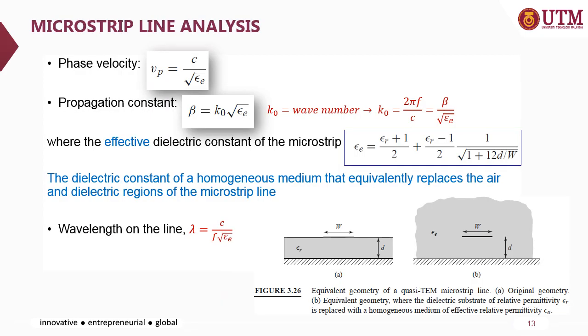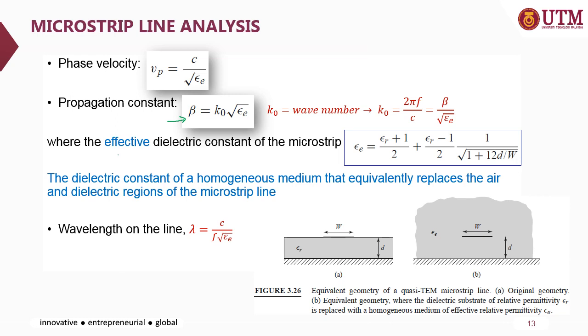Some equations involved in microstrip line analysis: the phase velocity as mentioned earlier, and the propagation constant beta equal to k naught, the wave number, multiplied by the square root of the effective permittivity. In strip line, you use the relative permittivity, epsilon r, but in microstrip line, you use effective permittivity.